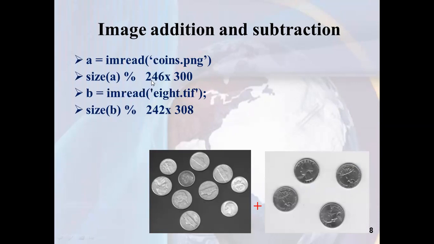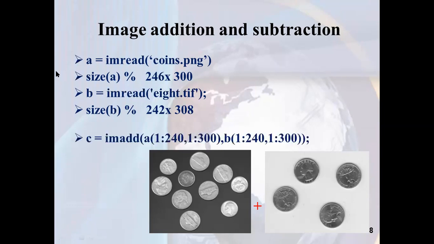This is 246 as the number of rows in pixels. This is 242. This is 300. This is 308. So in order to add these two images, I make them the same size. I take the image A from 1 to 240, so I delete 6 rows from the first image, and 2 rows from the second image.